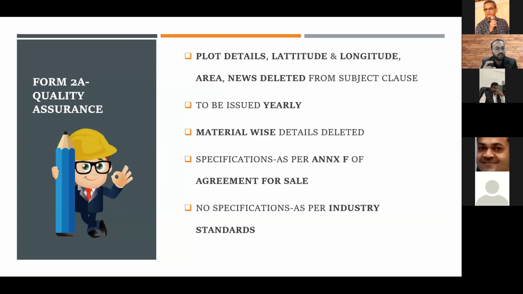So this is the important thing: where there is a specification, whatever is mentioned in the agreement for sale, such as vitrified tiles, he has to certify on that basis. If not, then as per industry standards.